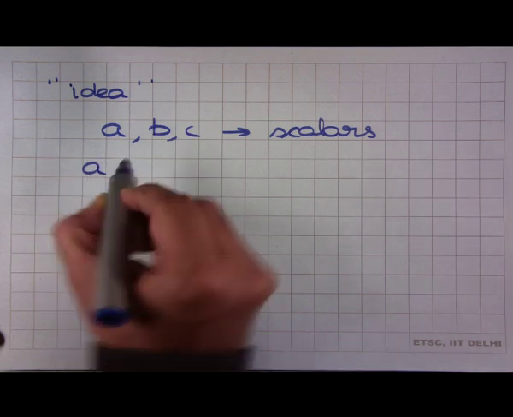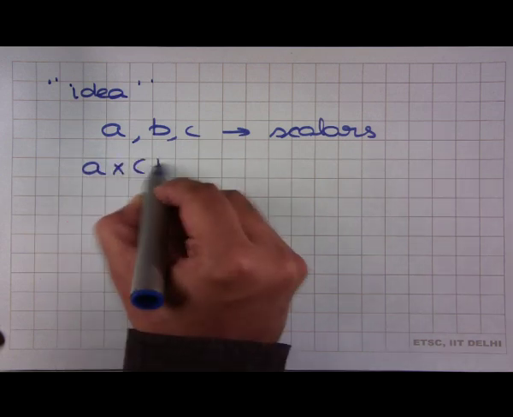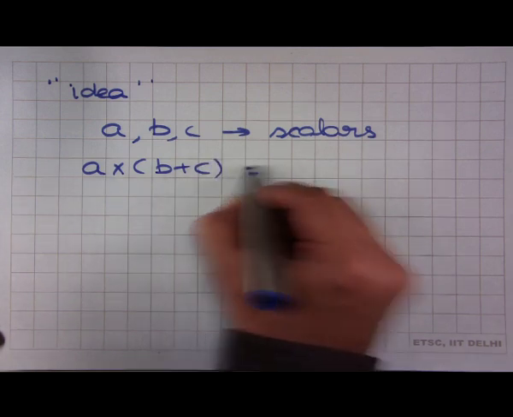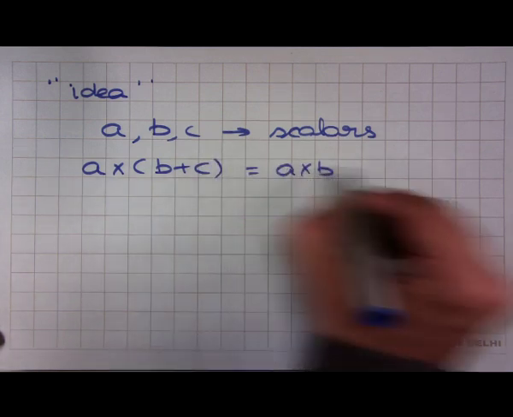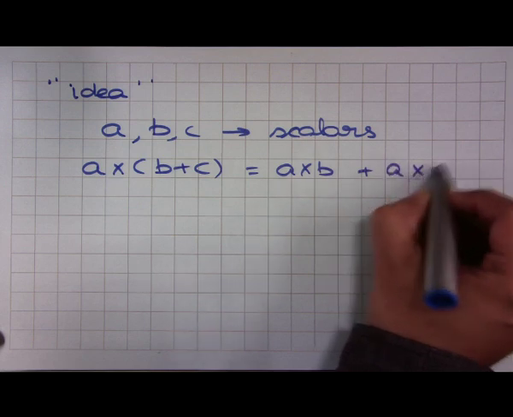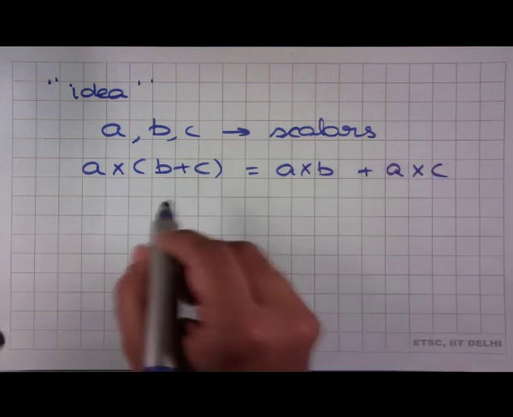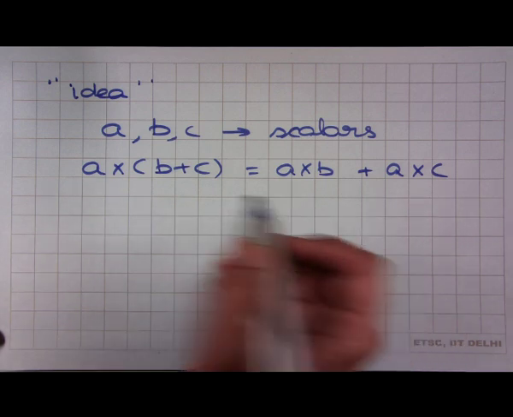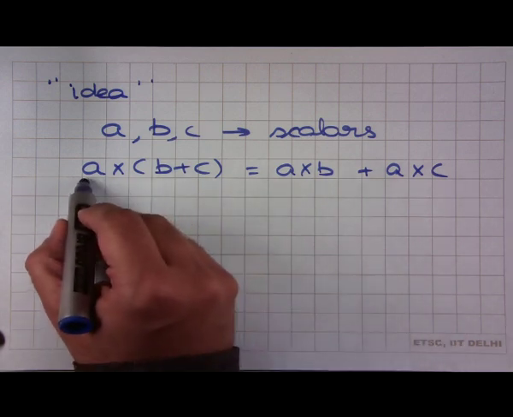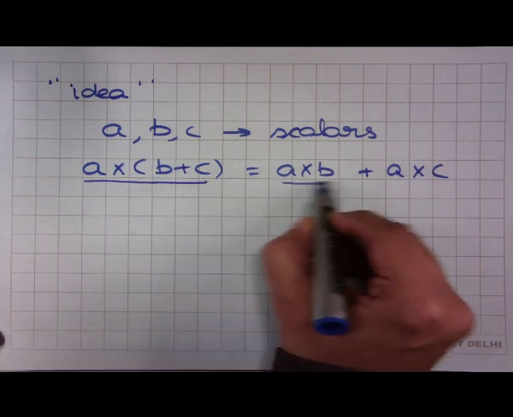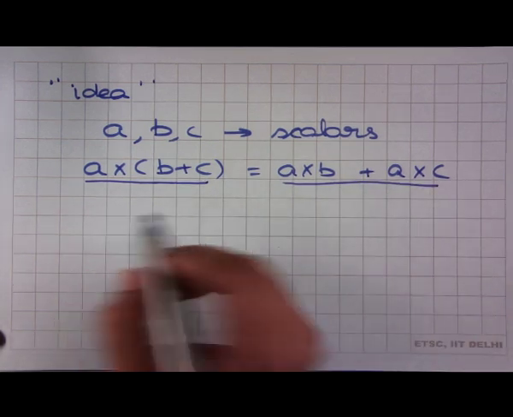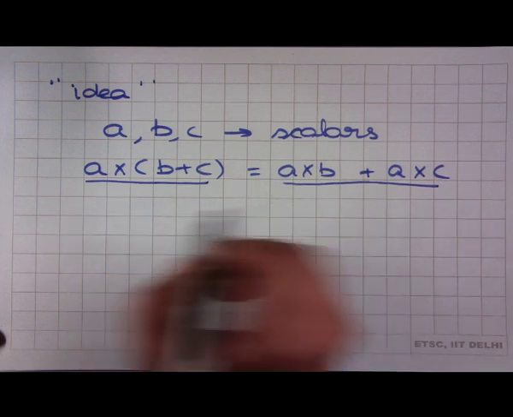We know that a times (b plus c) is equal to a times b plus a times c. So, these two are equal. In principle, given any three numbers, we can compute using either one, but there is a difference in the efficiency of the two processes.